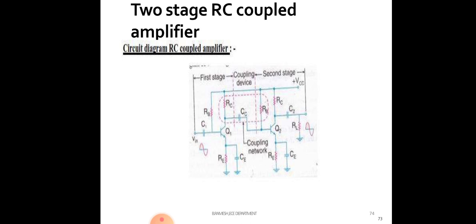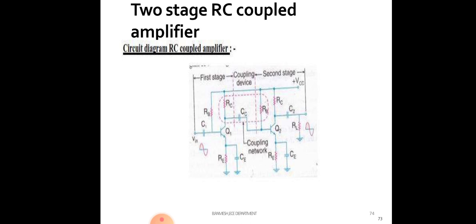So the Q2 transistor will amplify the input signal, and you will get the output in the same phase. For an even number of stages with coupling capacitors, you will get the same phase. For an odd number of stages, you will get an out of phase signal.